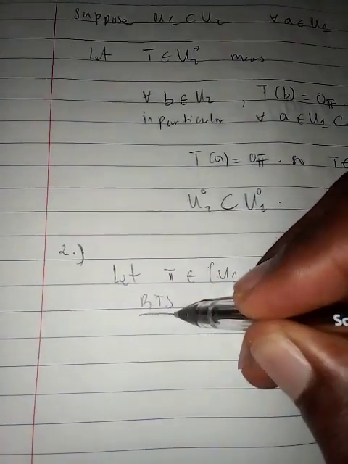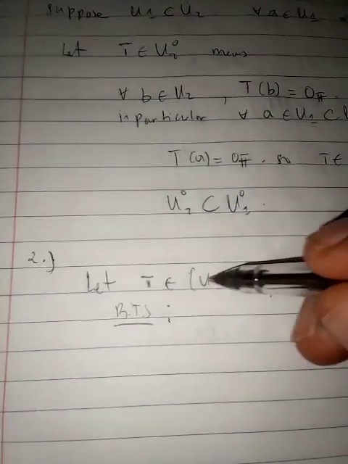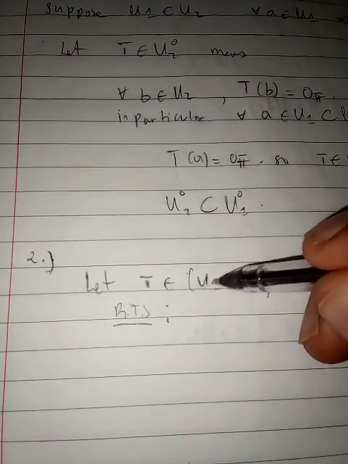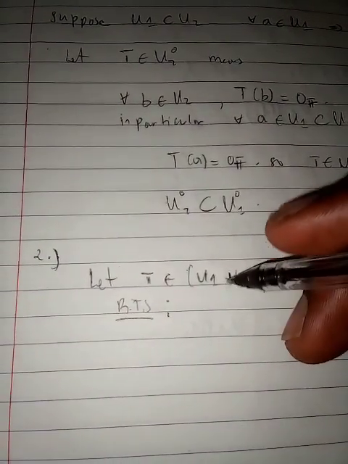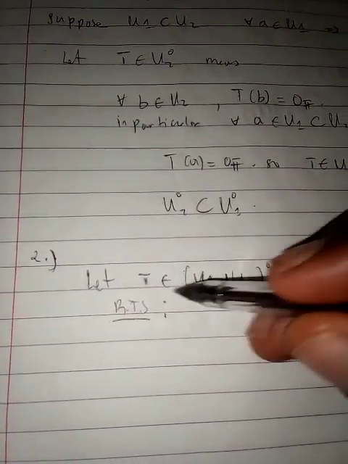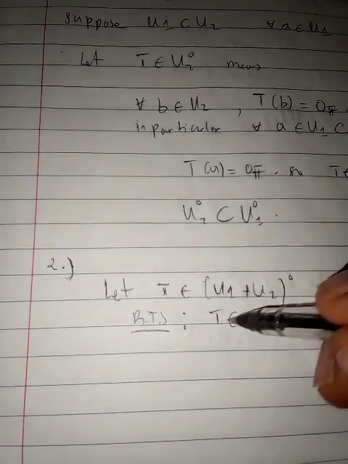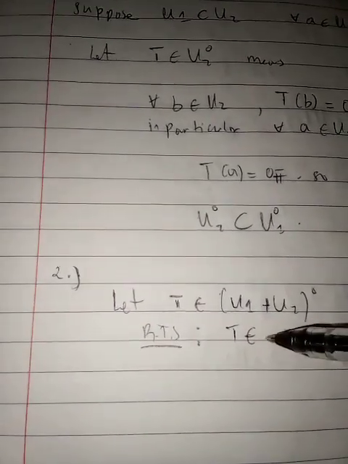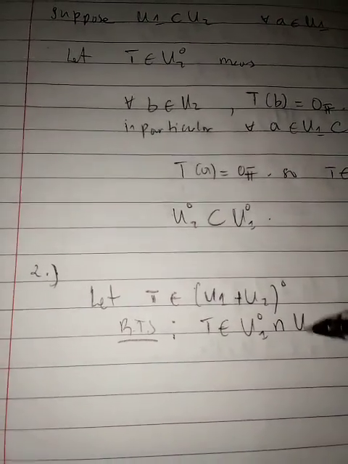I like putting this sentence because it guides me in my work. If I get lost or something like that, I really know what I have to do when I come back on my steps. So let T be an element of this. Required to show that T is also an element of U1 annihilator intersection U2 annihilator.